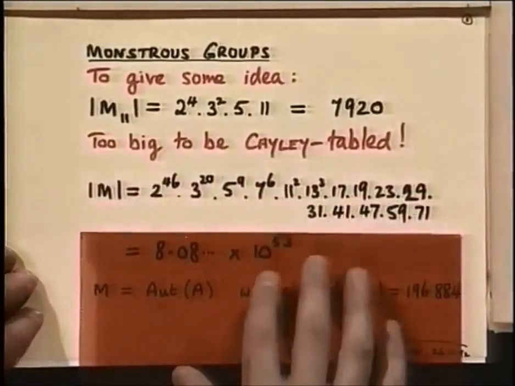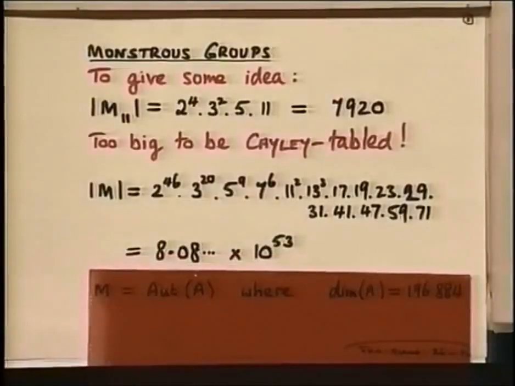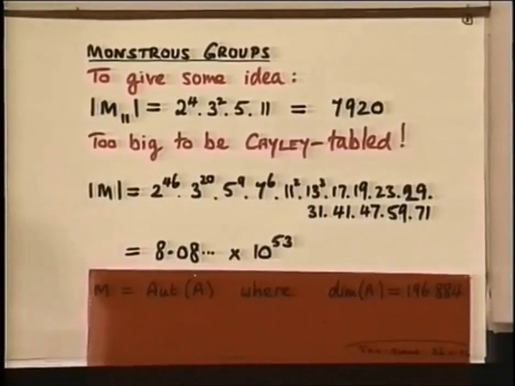The Fisher-Griess monster, its order is 2 to the 46 times 3 to the 20 times 5 to the 9, 7 to the 6, 11 squared, 13 cubed, 17, 19, 23, 29, 31, 41, 47, 59, 71. Multiply all those together, and what you get is about 8 times 10 to the 53. It's an enormous group.